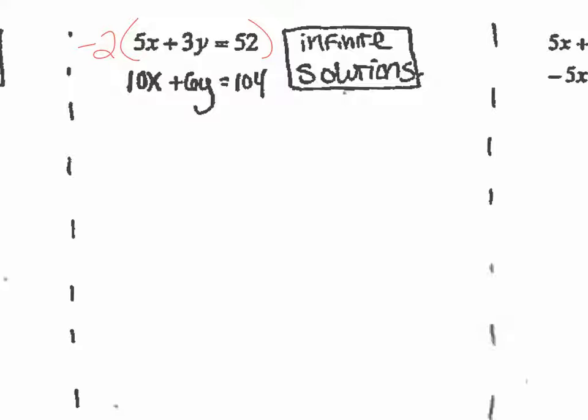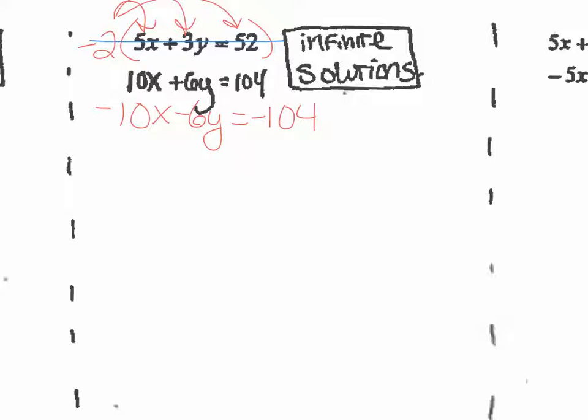So when you're doing elimination, you may have to multiply one line, you might have to multiply both lines to make them the same coefficient, but that will be a decision you'll make when you get to some more complex problems. So here we're going to distribute the 2 throughout our equations. We have negative 10x, minus 6y, equals negative 104.